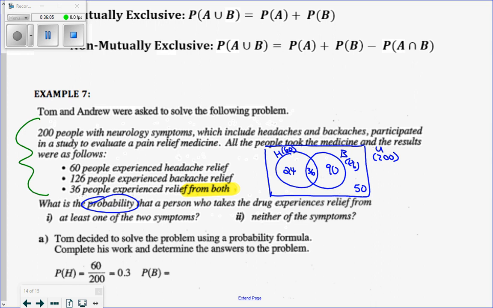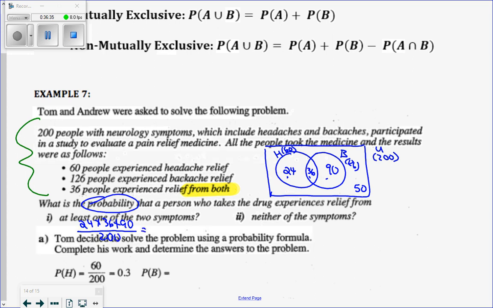So the question says, what's the probability that a person who takes the drug experiences at least one of the two symptoms? Relief, sorry, from at least one of the two symptoms. So that would mean they've experienced relief from this, or that, right? So you would just go 24 plus 36 plus 90 and divide that by 200 because the question is now probability.